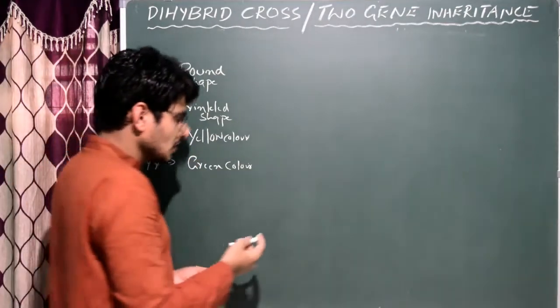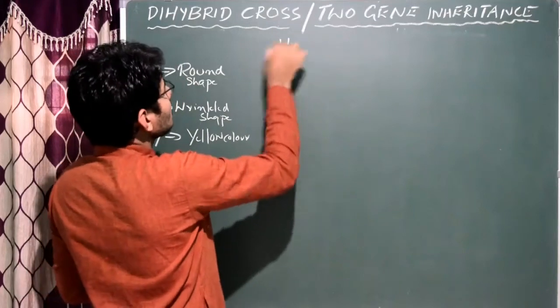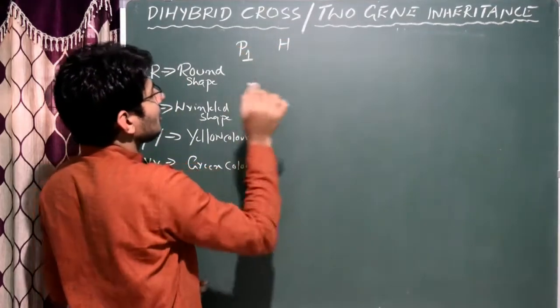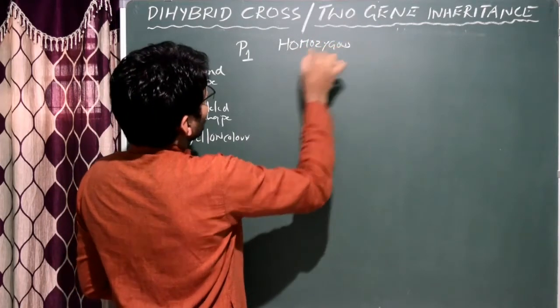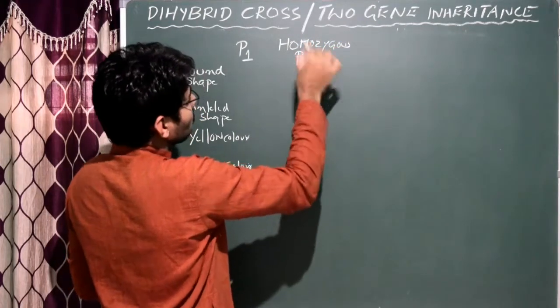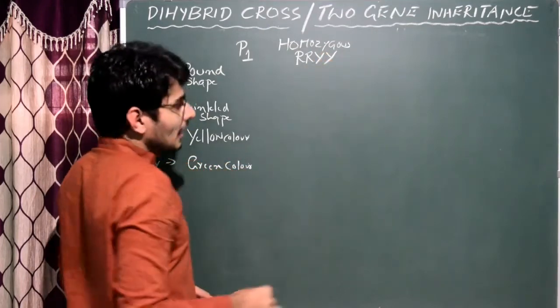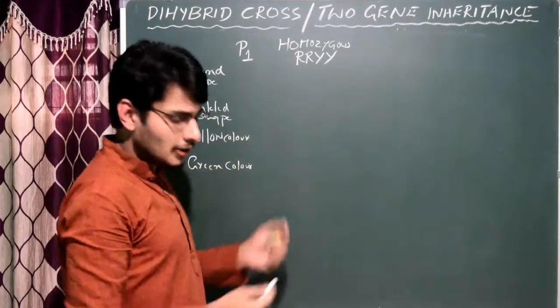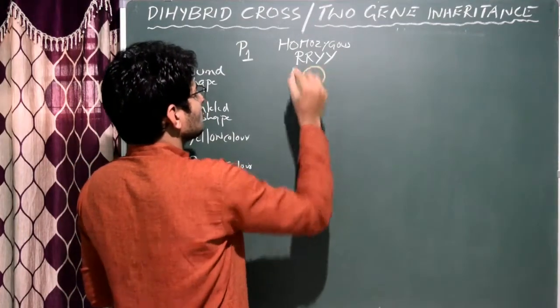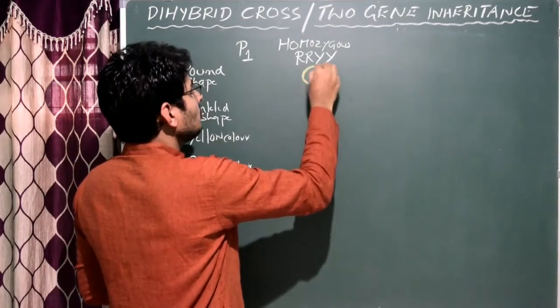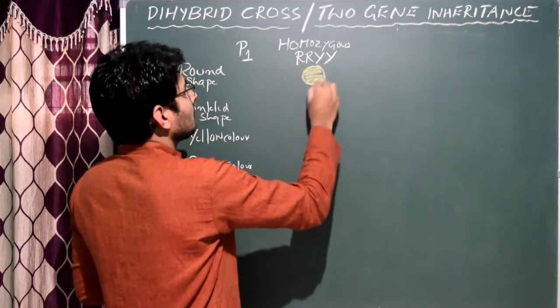Let us see the cross. Here we write P1, that is the parental generation 1, homozygous capital R capital R, capital Y capital Y. This is the genotype for the round yellow plant, round seed with yellow color.